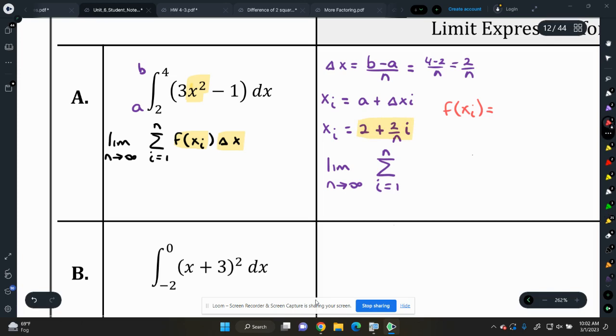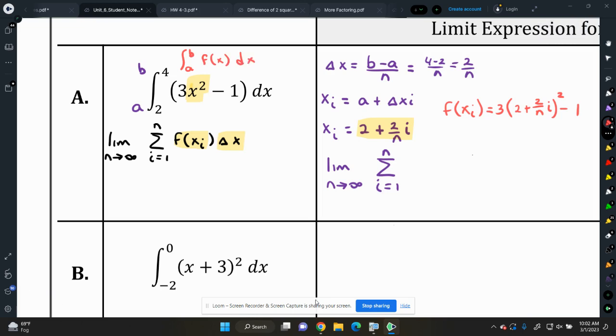So this is 3 times (2 plus 2 over n times i) squared minus 1. Let me remind you, the integral is written in the form of the integral from a to b of f of x dx. That's how our integral is written. So that's a pretty complicated f of x sub i, but that's okay.